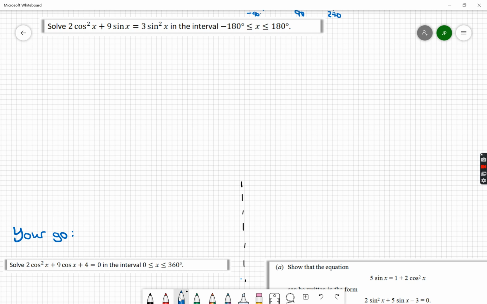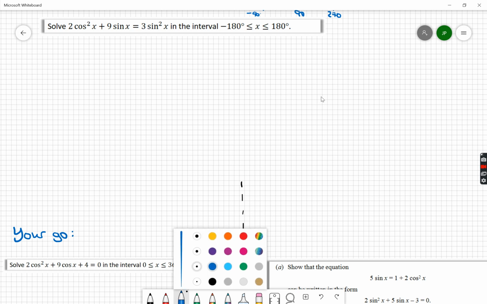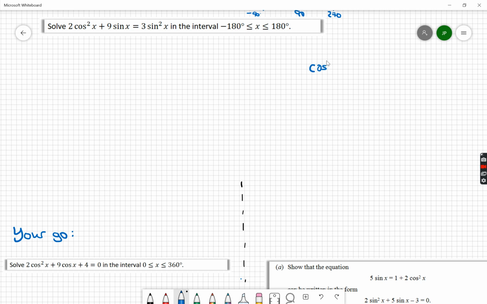So, the identity we would need to remember is the fact that cos squared x plus sine squared x will always equal 1. So if I want to change cos squared for sine squared, this is going to become 2 lots of 1 minus sine squared x plus 9 sine x equals 3 sine squared x.